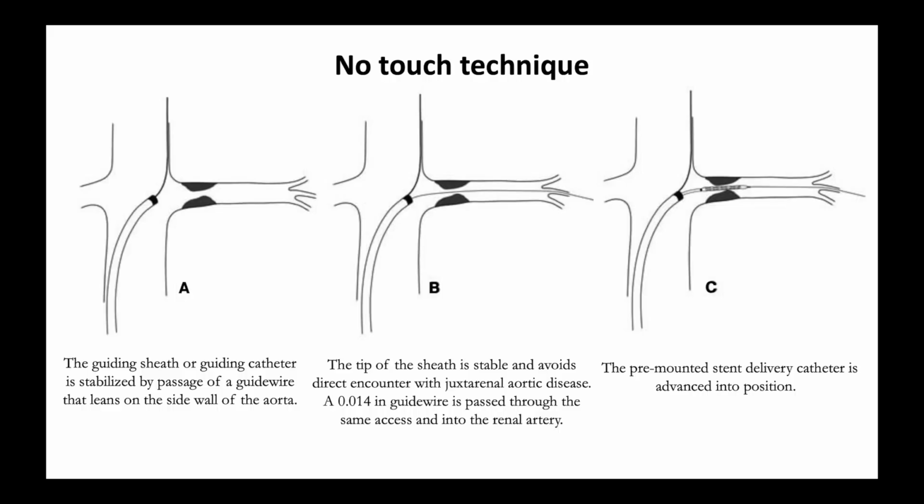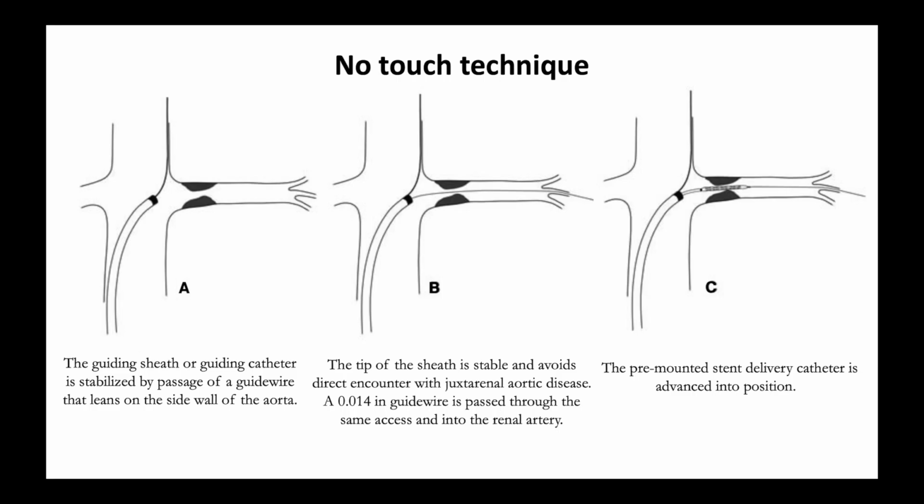There are different ways of approaching the renal artery stenosis. One is the no-touch technique. This is the most commonly used technique, in which you take your guide catheter close to the ostium of the renal artery, but you do not directly engage into it. Rather, you put a 035 wire or an 014 wire into the descending aorta, so that it keeps the catheter away from deeply engaging the renal artery, and then you take another 014 wire, and through that you perform the whole intervention without directly engaging the ostium.